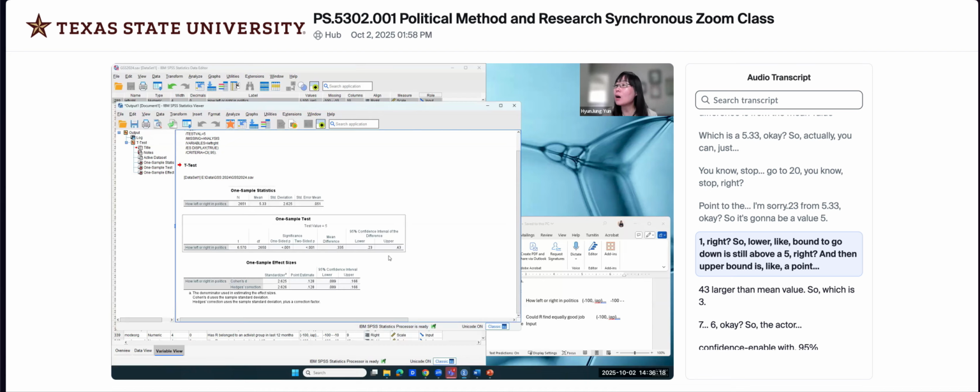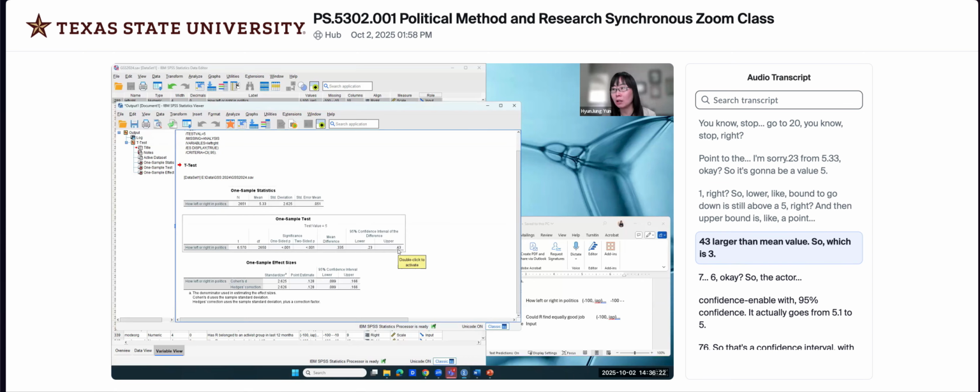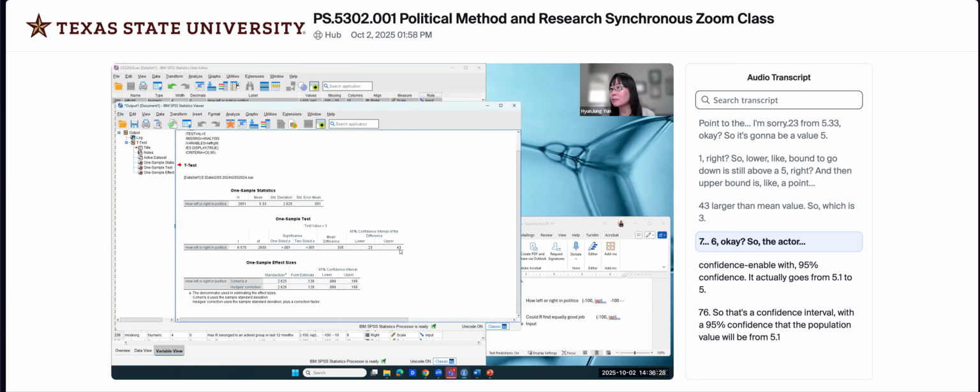And the upper bound is 0.43 larger than the mean value, which is 5.76.